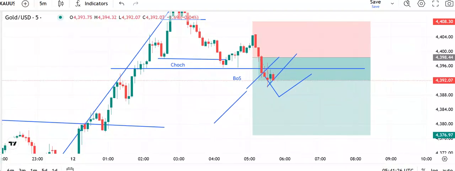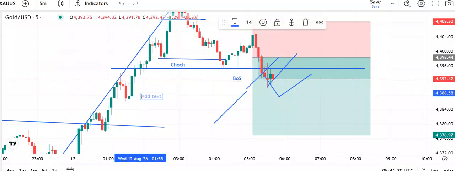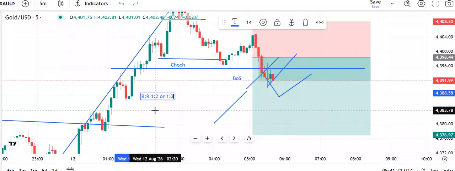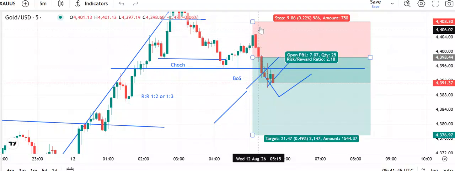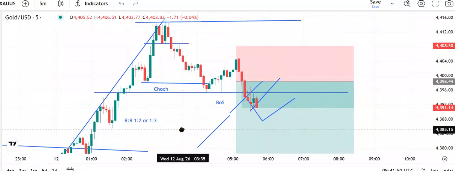So risk reward ratio, 1:2, or 1:3. But that's determined by this particular pullback, which determines your risk reward ratio.